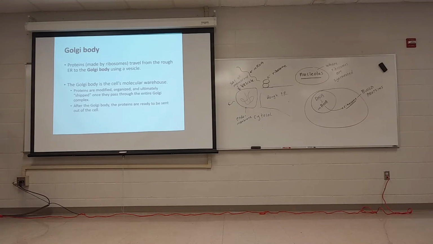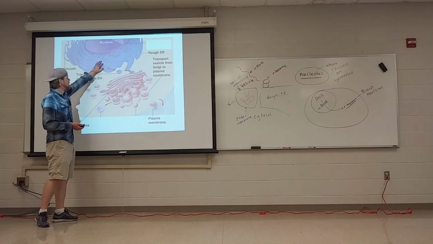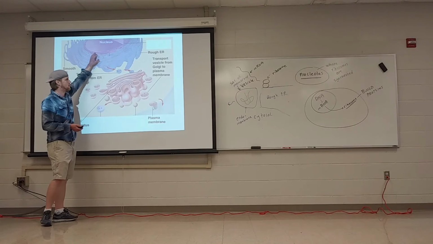And generally, once they get through this complex, the Golgi body, they're modified to the point that they can now be secreted out of the cell itself. Because often proteins will be created that need to go somewhere else in the organism or in the body. Here's a nice big three-dimensional view of it all. Rough ER with ribosomes that produce proteins based on the instructions of DNA.